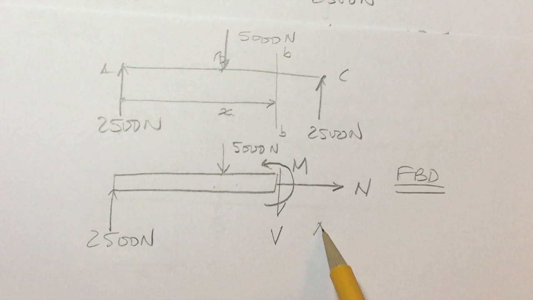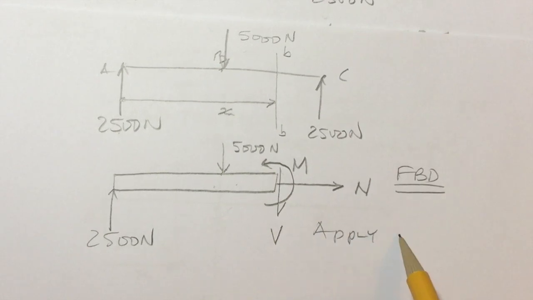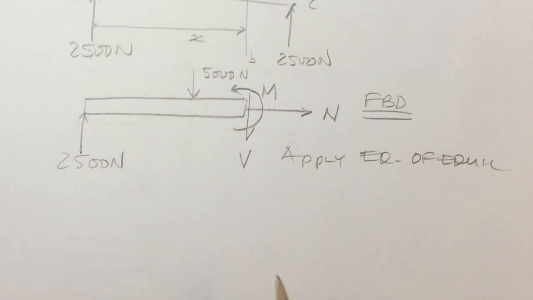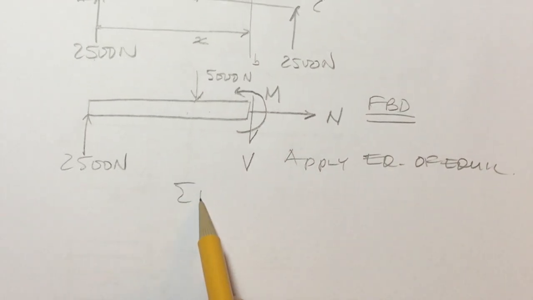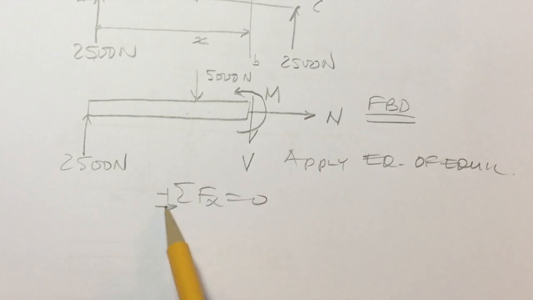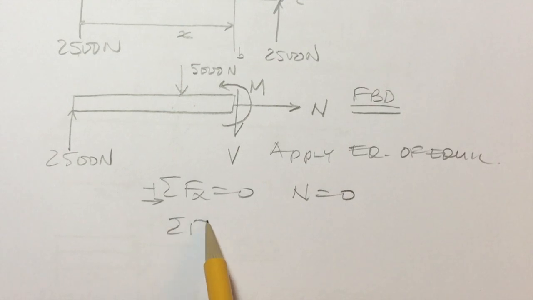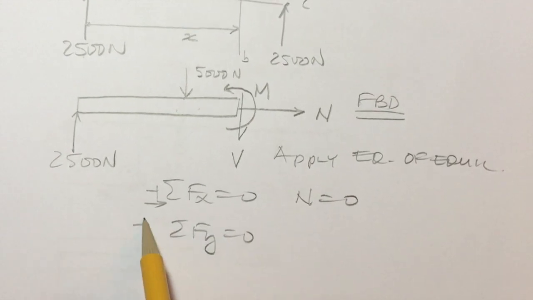So now I can apply my equations of equilibrium. Sum of the forces in the X is 0. That means N is equal to 0. Sum of the forces in the Y is 0.